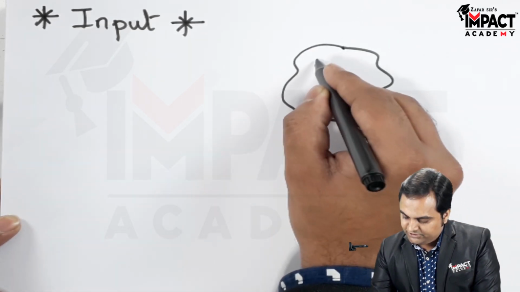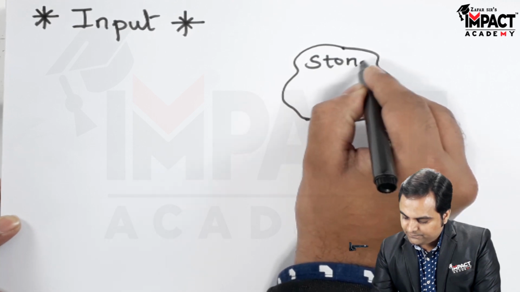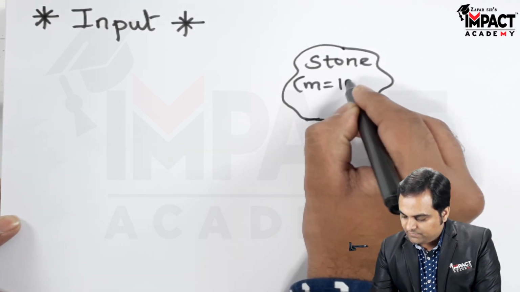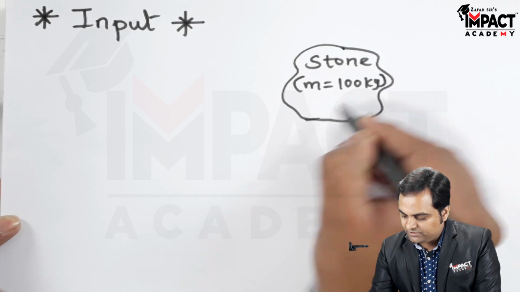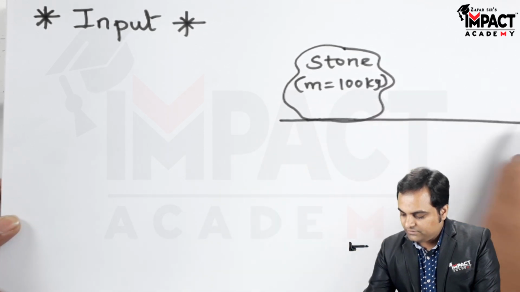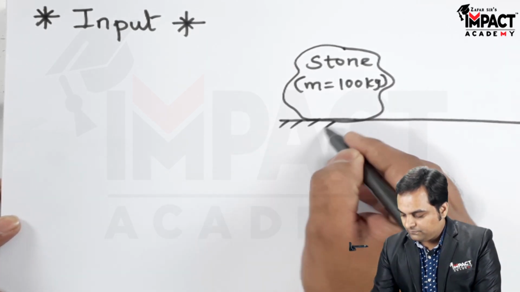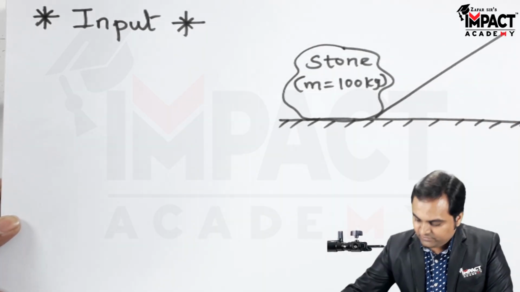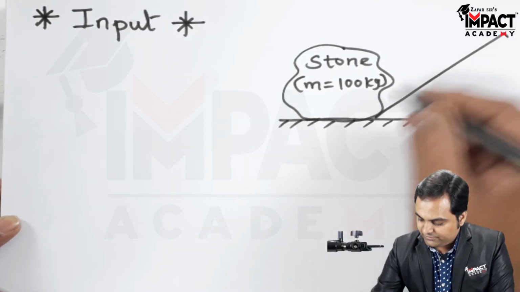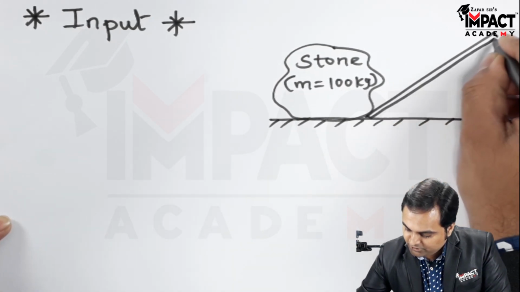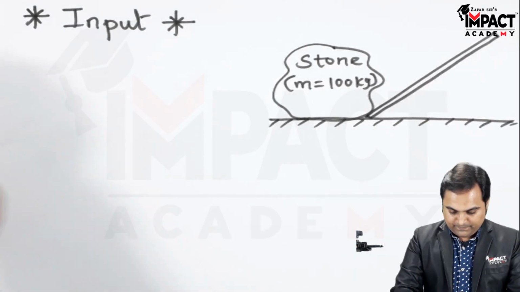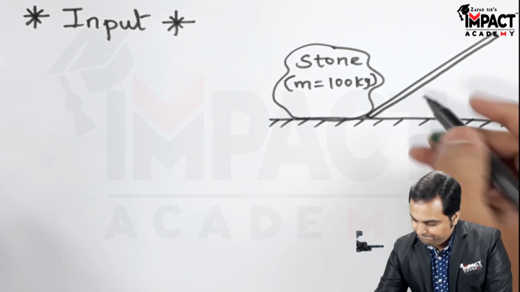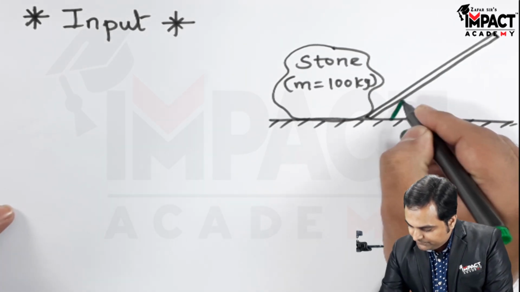A heavy object or a stone having mass 100 kg, just for an example, is kept on a rough surface. In order to move this, we have a fulcrum and lever arrangement. Here there is a lever kept on a fulcrum, or the fixed point.